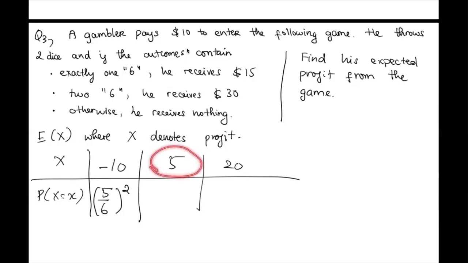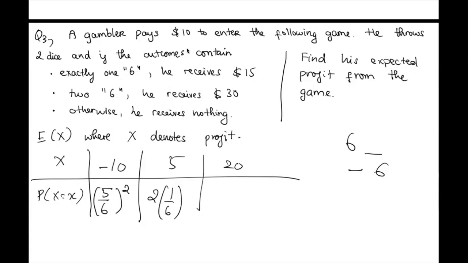Probability that he received $5 profit is when he got exactly one 6, which means he can get 6 on the first dice or 6 on the second dice. Once you figure out the position for 6, you will want to put 6 in. Probability of getting 6 is 1/6.